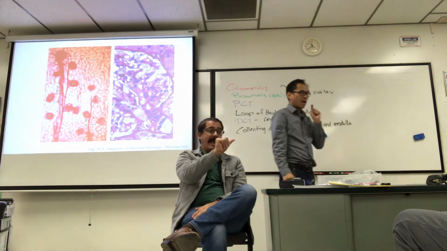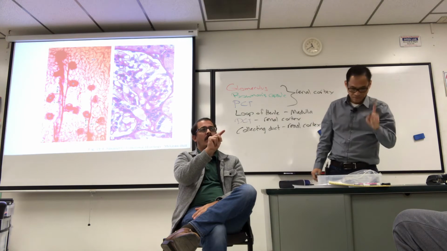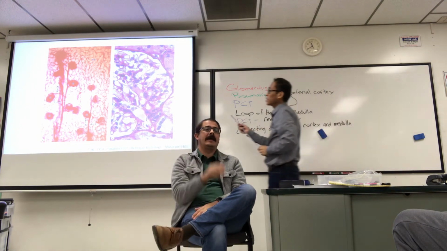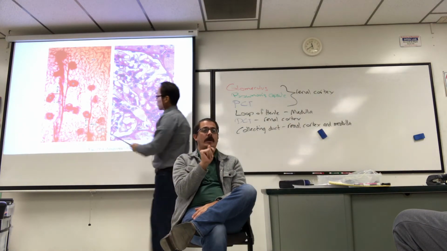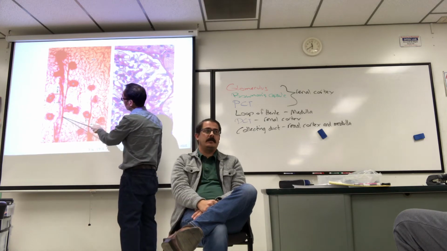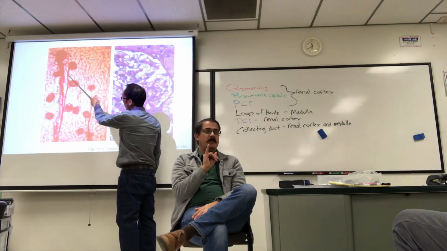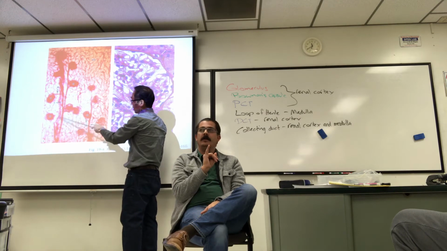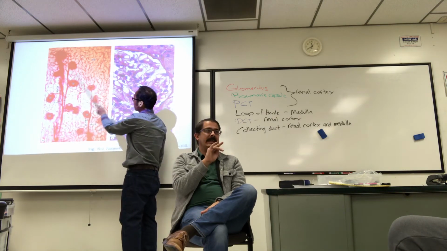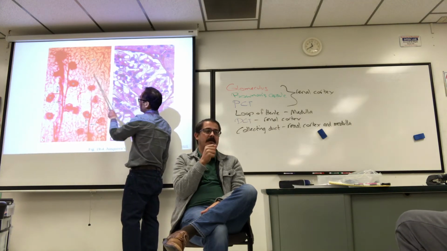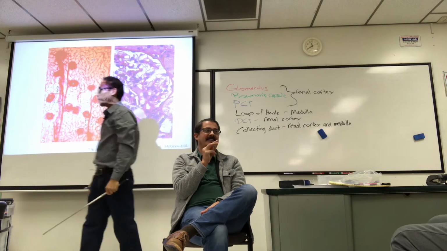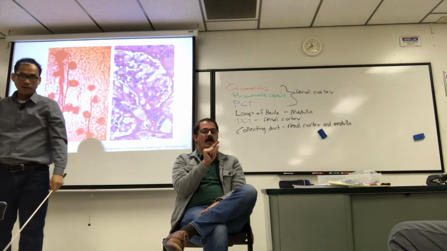Afferent arteriole. There's the letter I, referring to this blood vessel. What do you think that stands for? Interlobular artery. There's a PT up there. You got to know that. I didn't mention that yet. That stands for the peritubular capillaries.